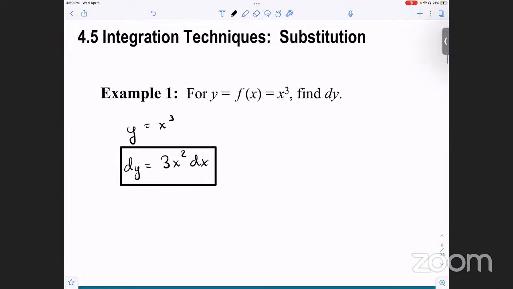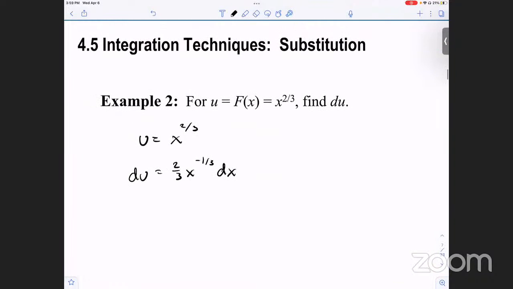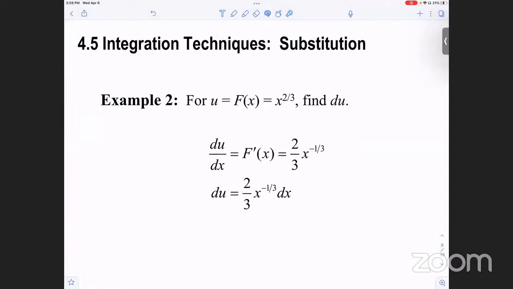The derivative of u with respect to x, du by dx, was 2/3 x to the negative 1/3, and then with algebra, you can move the dx to the other side, and you get something like this.